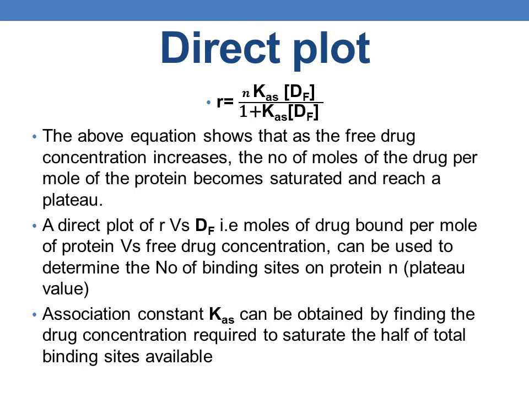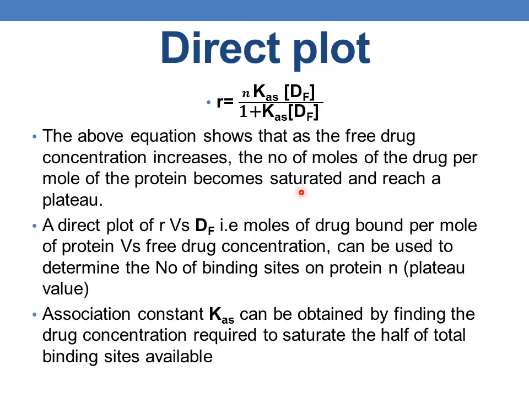Now coming to the first graphical method, the direct plot. We all know the equation R = nKs[Df] / (1 + Ks[Df]), and the above equation shows that as the free drug concentration increases, the number of moles of the drug per mole of the protein becomes saturated and reaches a plateau.